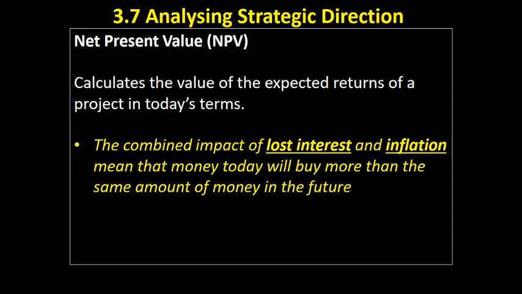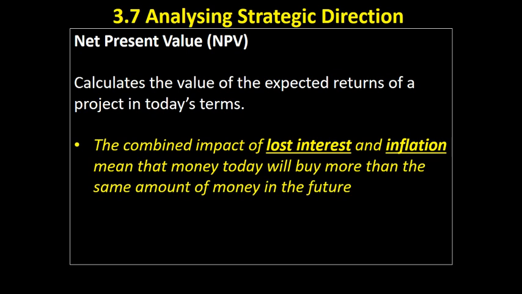By that I mean that if I have £100 today, and I spend it on a certain amount of goods and services, in a year's time that £100 will not buy the same quantity of goods and services as it will today. That's because of inflation. The other thing I could do with that £100 is put it in a bank account, and if I choose to invest it, I'm going to lose that potential interest.